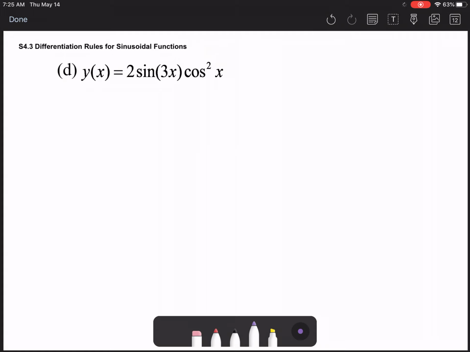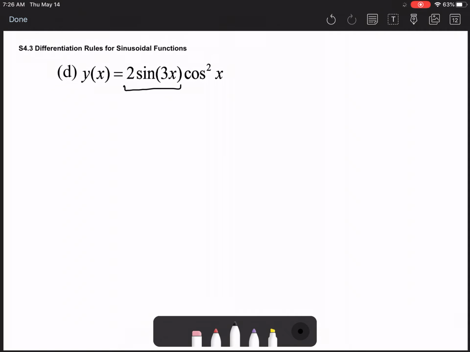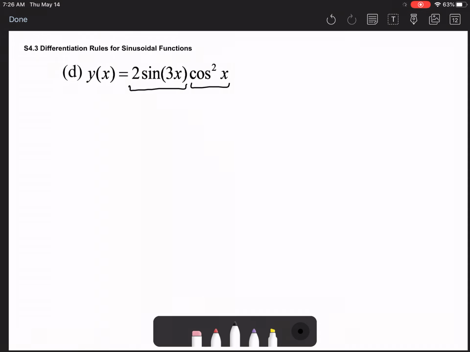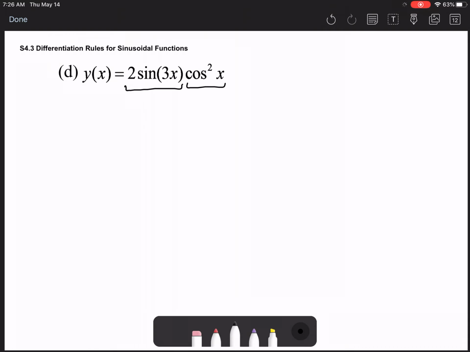Ooh, more complicated. Okay, notice that we have one function here being multiplied by another function. This cosine squared has a squared piece on it. The 3x has got a 3x inside the function. So our derivative, well, let me write it using product rule.